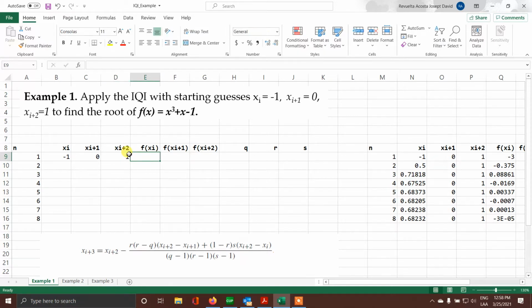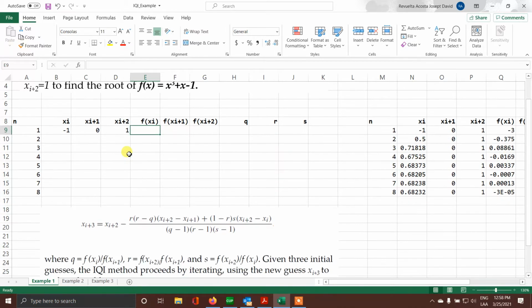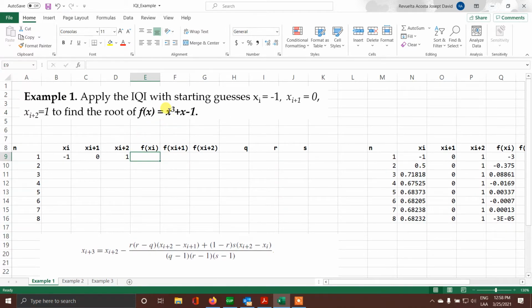So we just say equal to this one to the power, let me remember how to use this function, yes, plus xi plus 1, right? So then we have the first initial value.